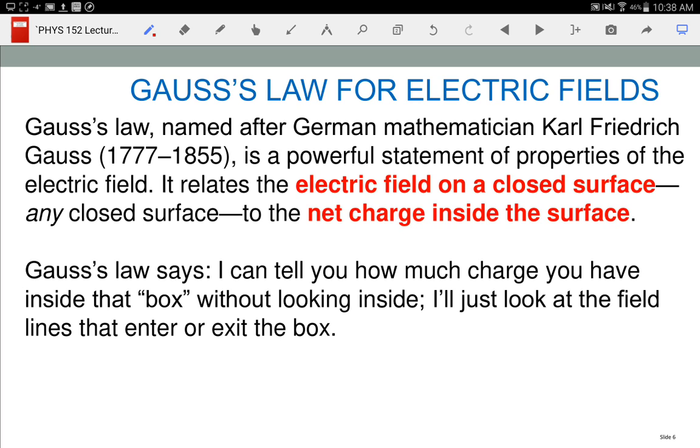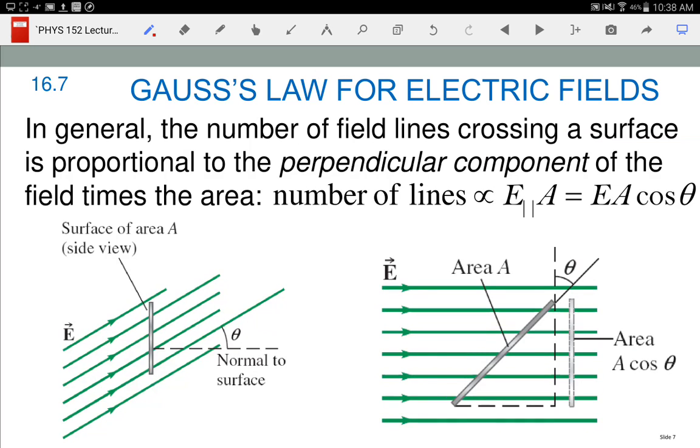We can relate the electric field to the charge that's enclosed. Now, for Gauss's law, we need to calculate this thing that's called flux. The flux has a symbol of capital Phi, because that's Greek for F, for flux.